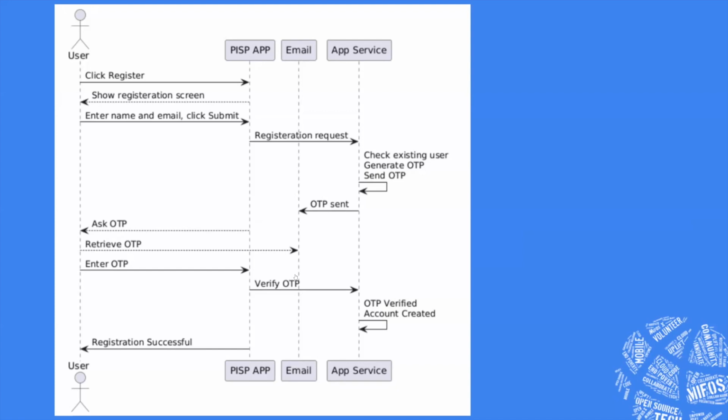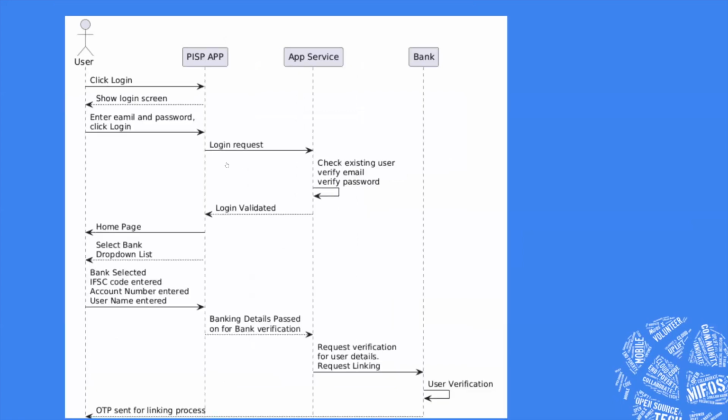I don't think I need to explain this exactly, but I can probably show in the demo of the app that I have already created. This is the second part, that is the login and the login validated homepage, and this is the linking process.